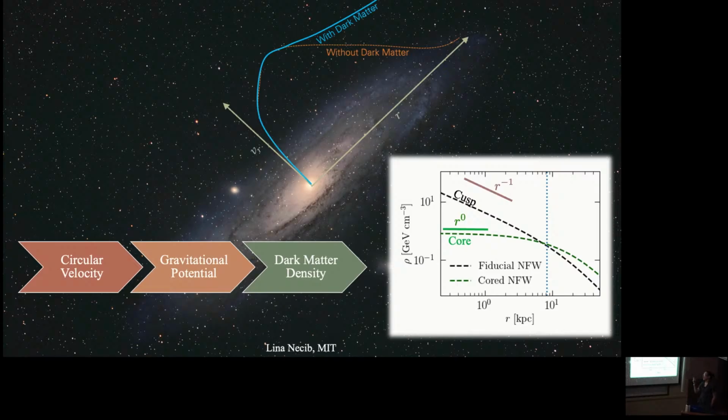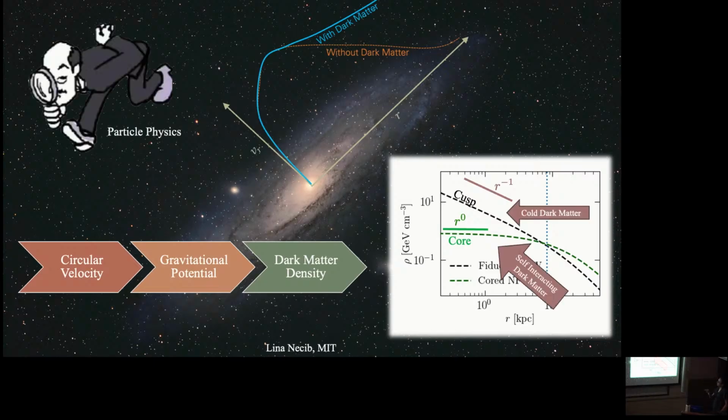But anyway, this inner profile has a lot of meaning in telling us what the interactions of dark matter are. You might want to motivate this for the two groups we've encountered before. For the particle physicists, they would care because the cusp is indeed what is expected if you have cold dark matter.